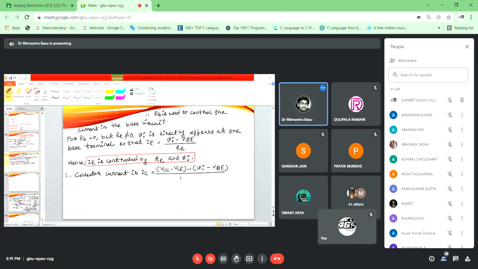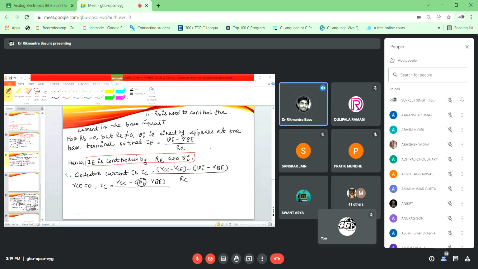So for VCE equals 0, for the ideal case, we can write VCC minus VI minus VBE, over RC. Please be careful, whenever I write this VI, this is small vi because it is an external AC input signal.